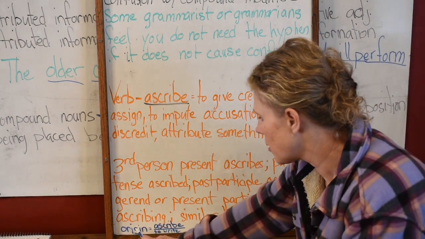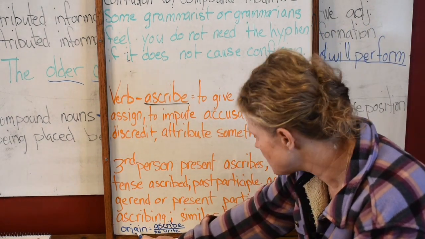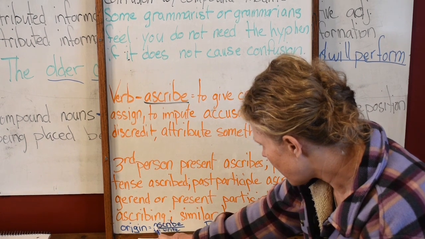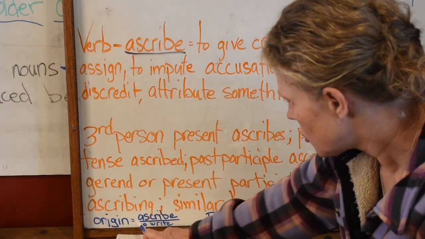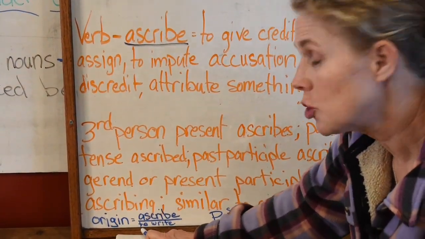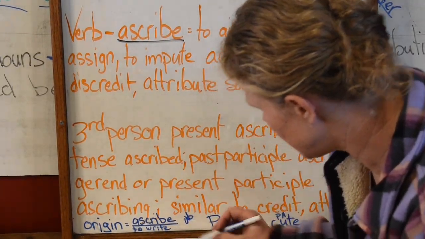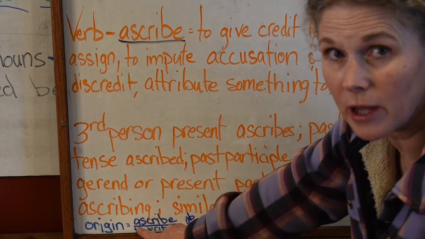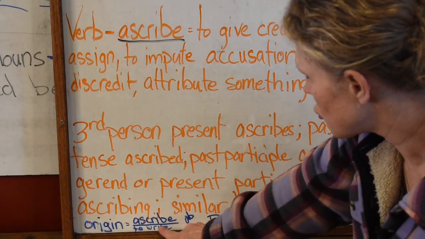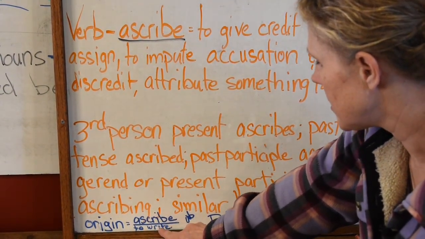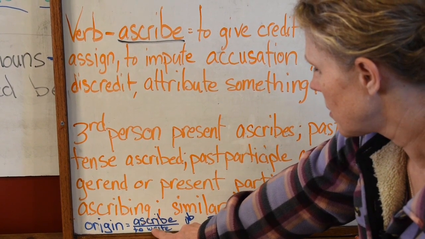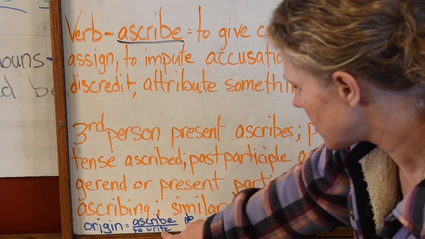So look down here at the origin, it's really low. So we have ascribe. So AS means to. This is in the AD section with your Latin roots, your Latin prefixes. And scribe right here means to write.